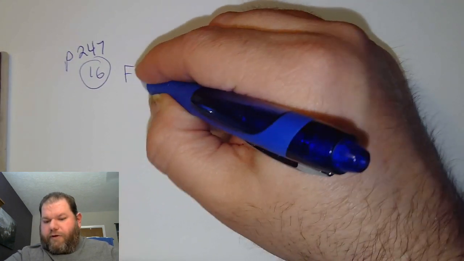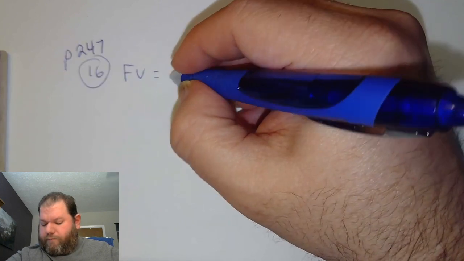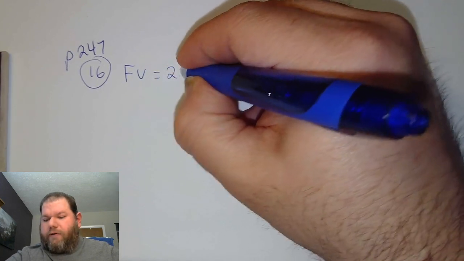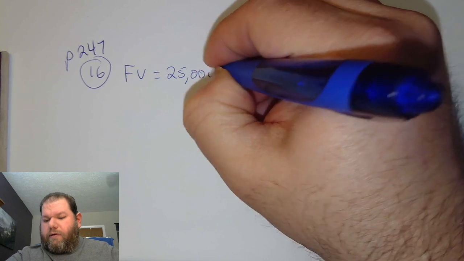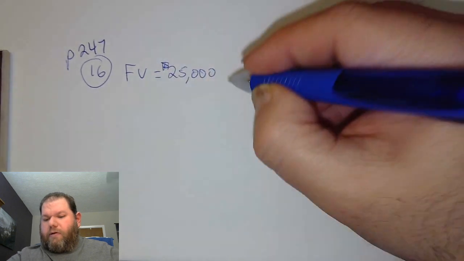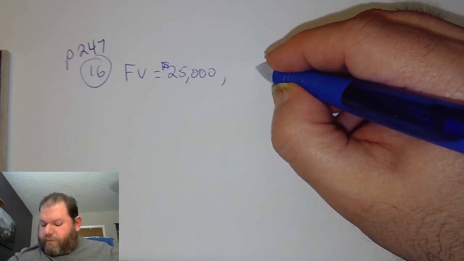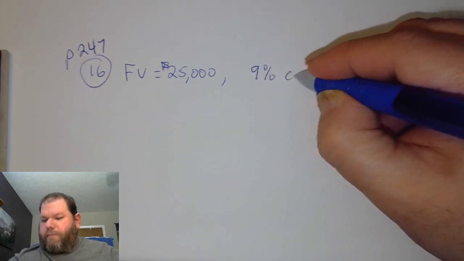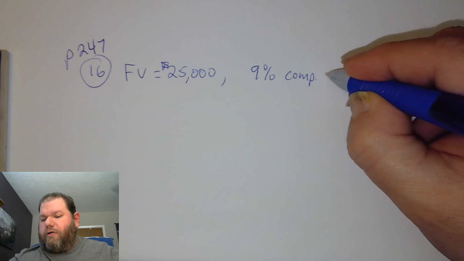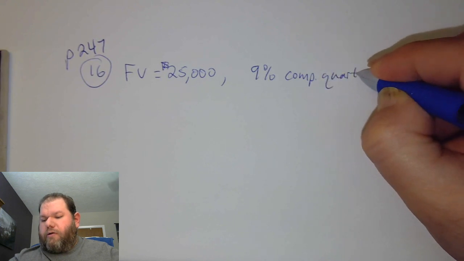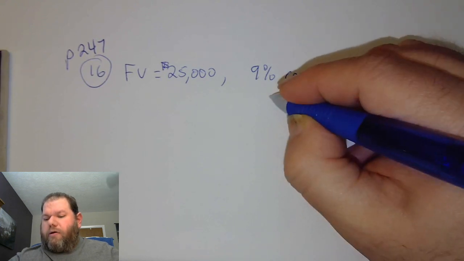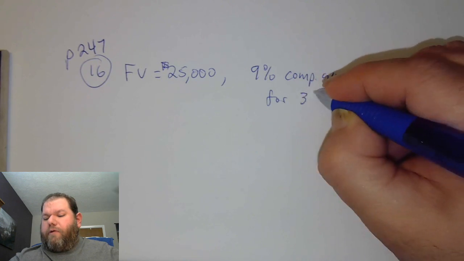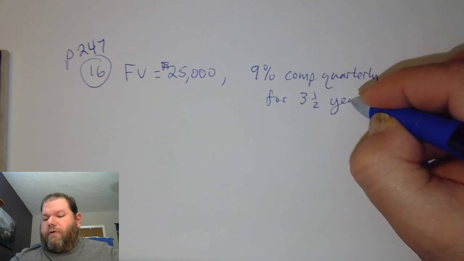Our future value is 25,000, and we have 9% compounded quarterly for 3.5 years.